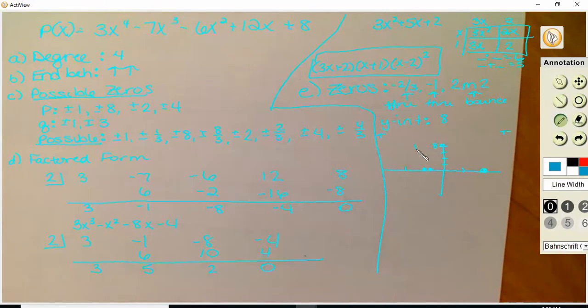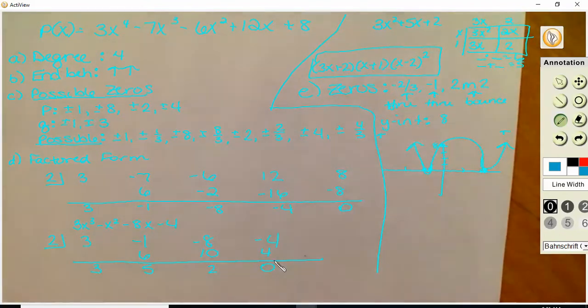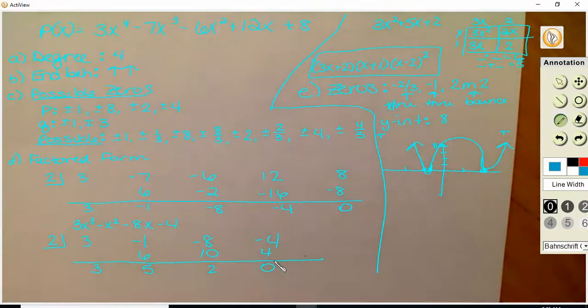So you're starting up here, you come down, hit your x-intercept, it went through, so you come back and hit the next one. Went through, hit your y-intercept, come back and hit the last one, and at 2 it bounced. So it goes back up. And of course you can compare that with the graph on your calculator to make sure you're correct. So that's everything we did last week in one big ugly problem.